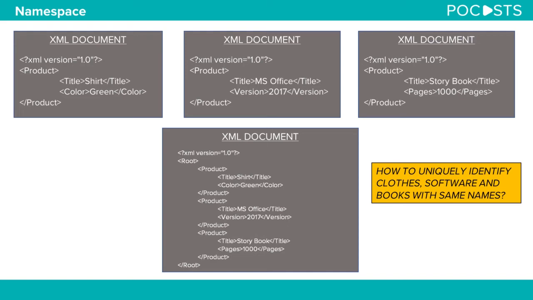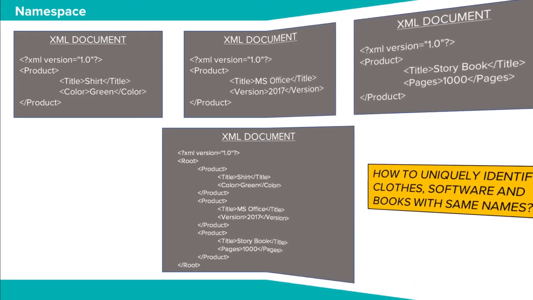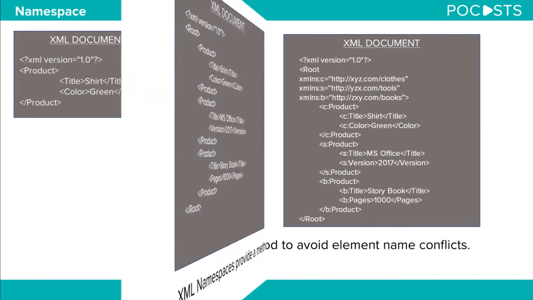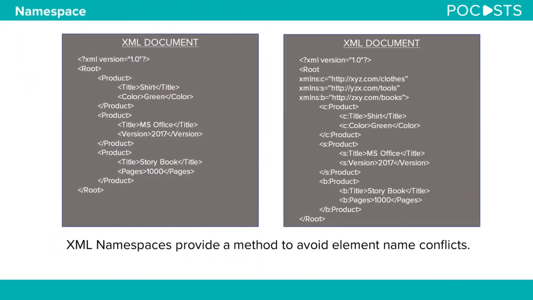The namespace helps you to identify each of these elements uniquely. You put them in different namespaces, meaning you define a different name and then access the element through that name. Here's an example I'm showing with the namespace. There are two XML documents here.